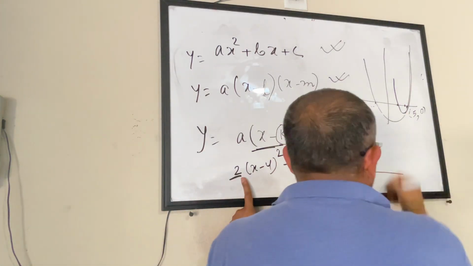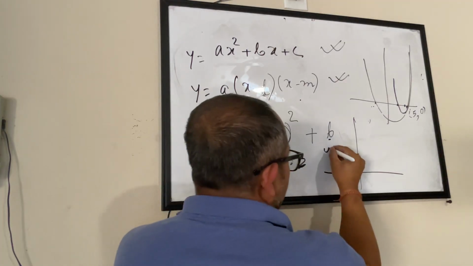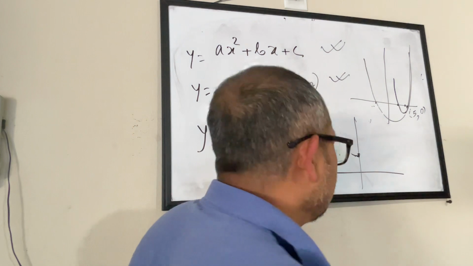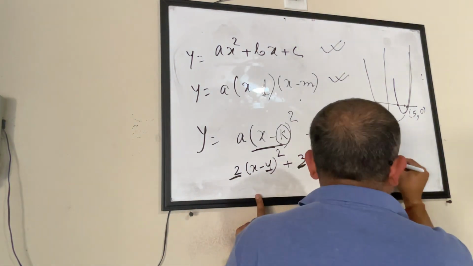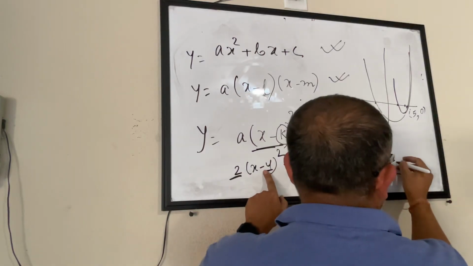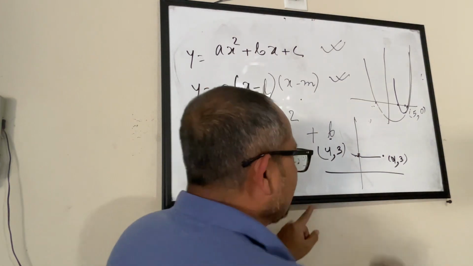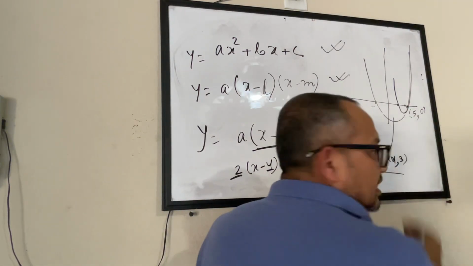Now the x coordinate is 4 and the y coordinate is 3 for the vertex, meaning the vertex is somewhere here, in the first quadrant. So this is the point, and the parabola is going like this.